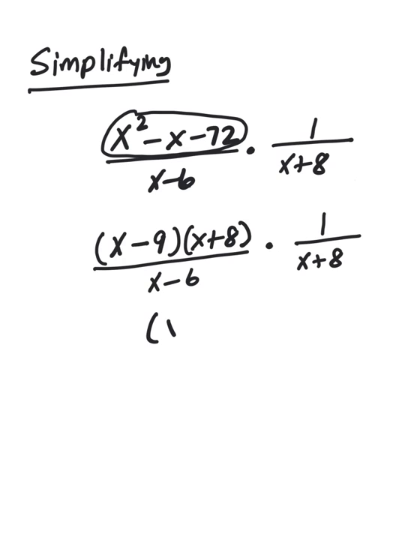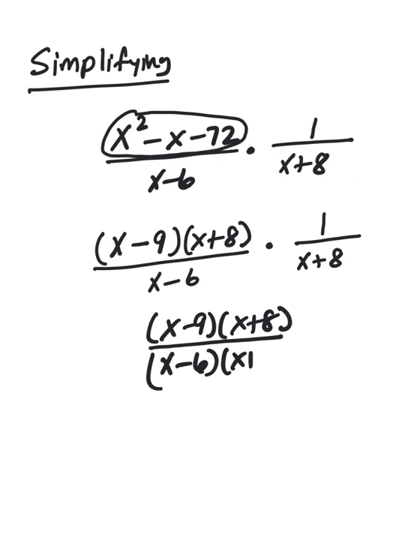So you have x minus 9 times x plus 8 times 1, over, in the denominator, x minus 6 times x plus 8. You notice that x plus 8 and x plus 8 will cancel. So you have x minus 9 divided by x minus 6 as your final simplified version of this problem after you multiply, okay?